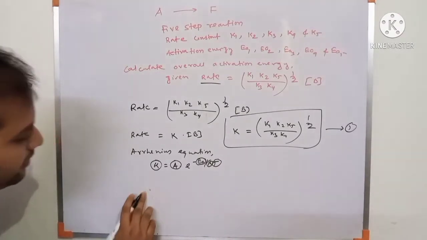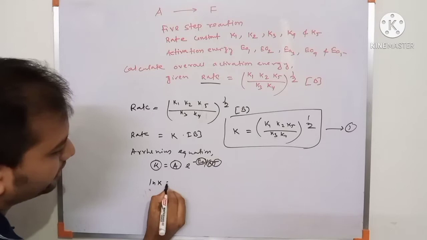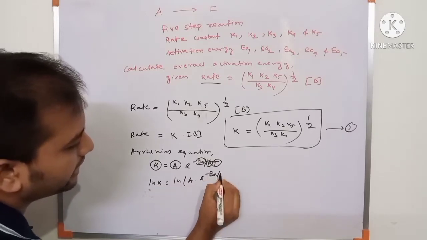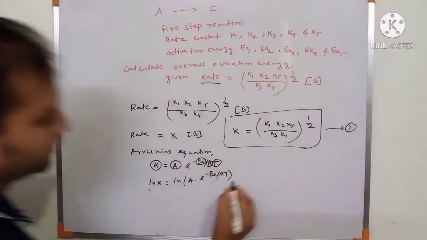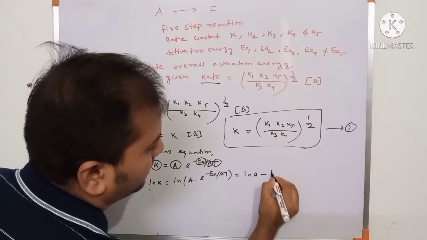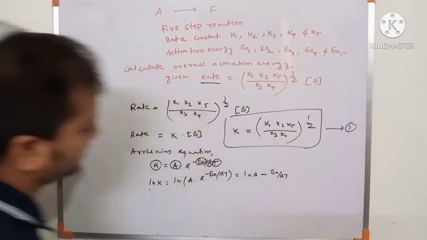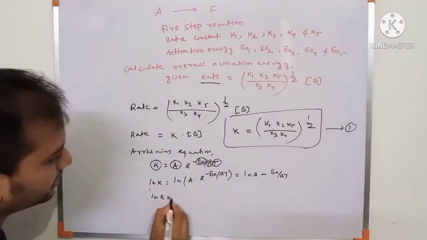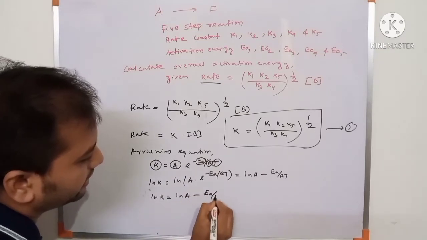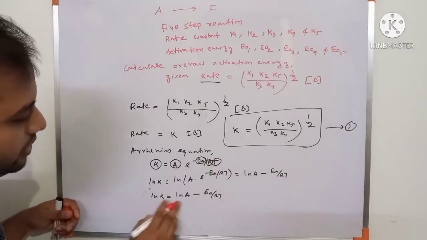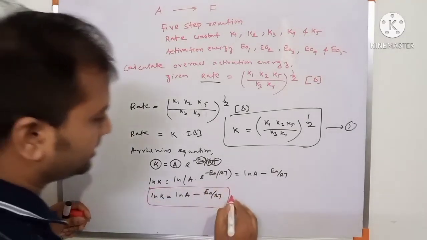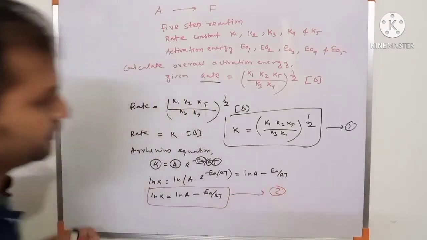Taking ln on both sides, ln K equal to ln A minus Ea by RT. This is equation number 2.